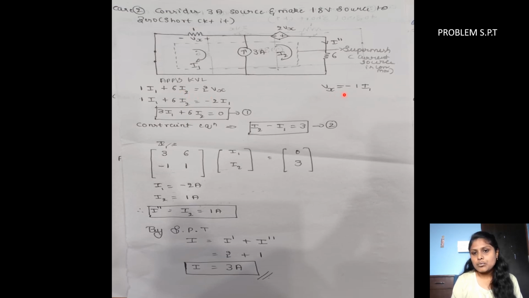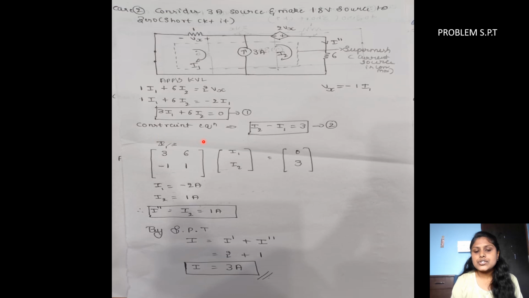In the place of Vx, we represent minus 1I1, as the current is flowing like this. From Ohm's law, V is equal to I into R, with R as minus 1 and I as I1. When we simplify, 1I1 plus 6I2 is equal to minus 2I1, so 3I1 plus 6I2 is equal to 0.